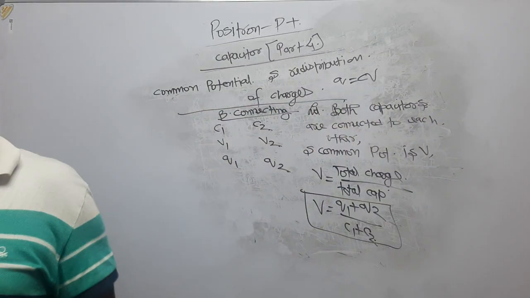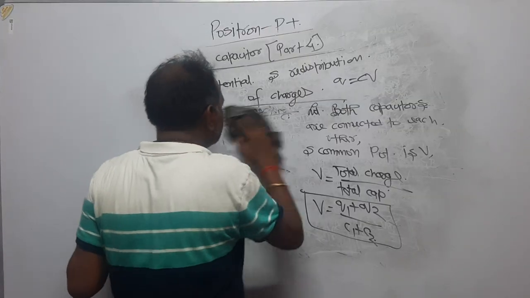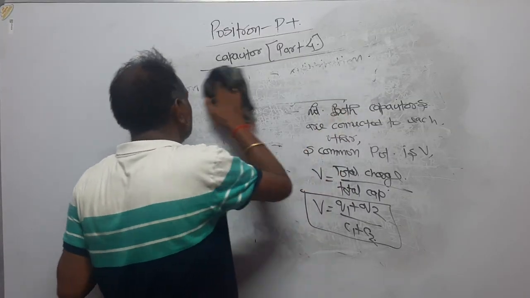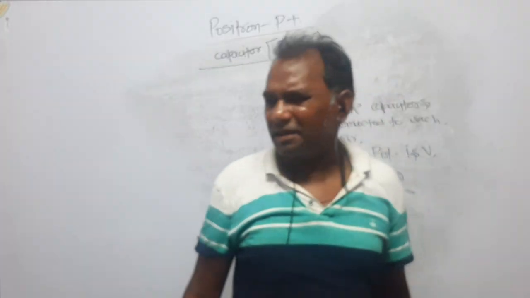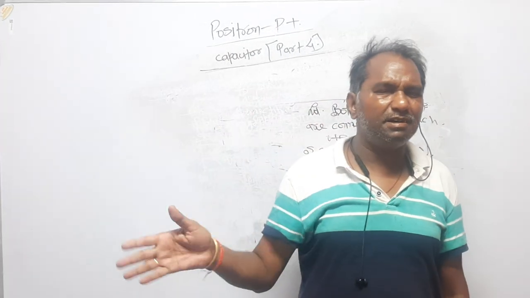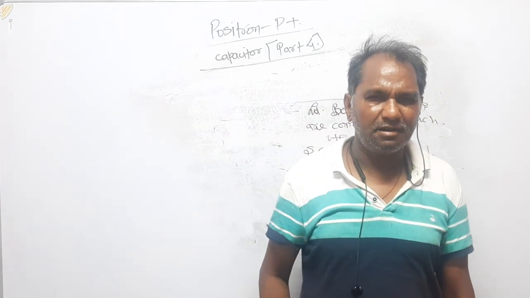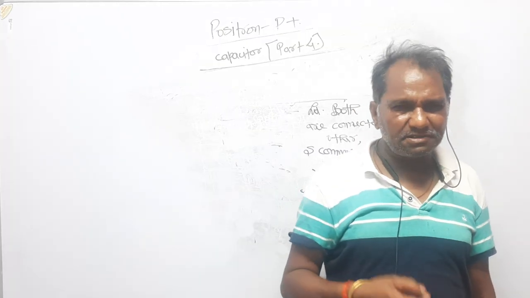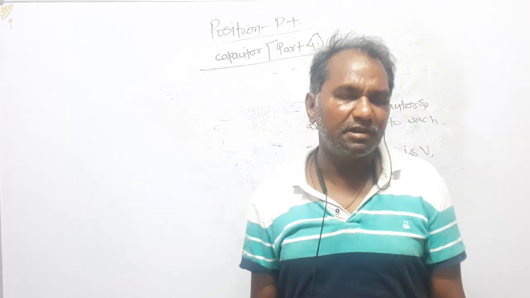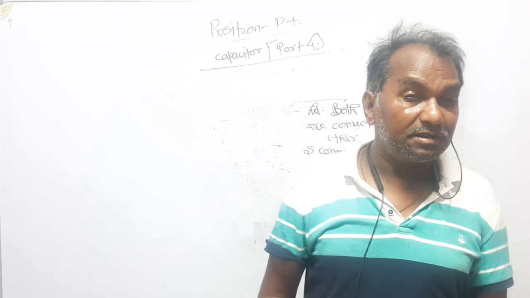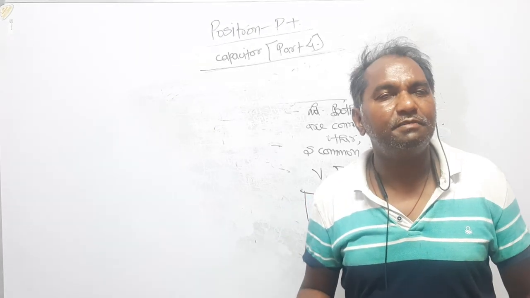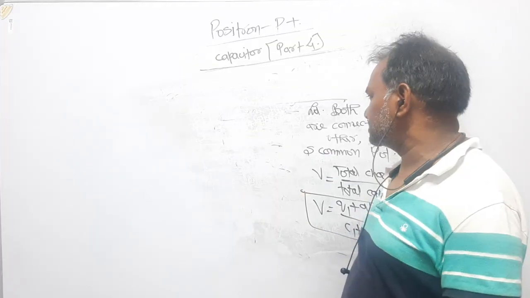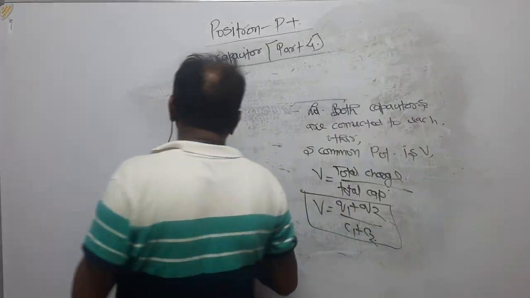Now, dear student, whether they are connected or not is immaterial. Capacitance remains independent of these factors, right? Capacitance depends on the area of the plates, the distance between the plates, or the dielectric constant of the dielectric inserted between the plates of the capacitor.